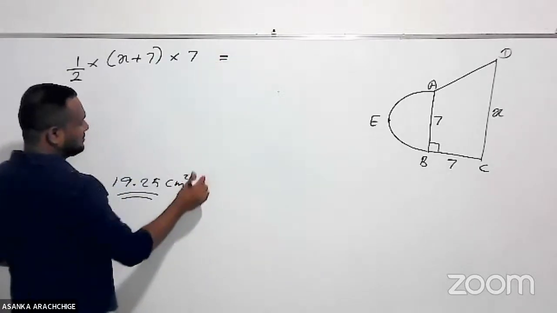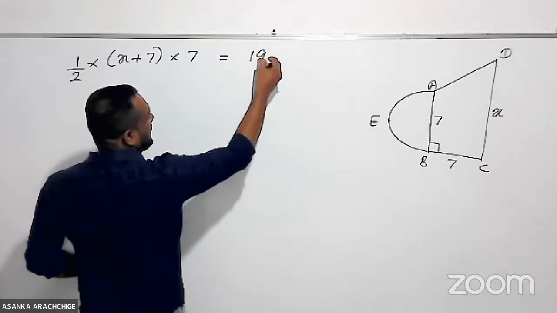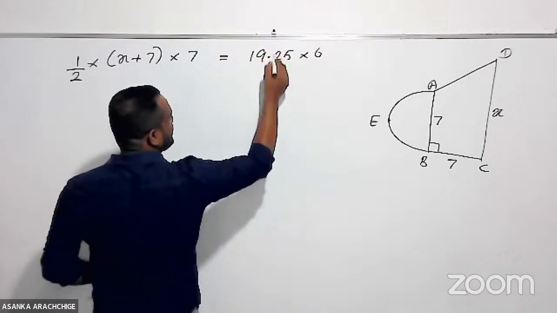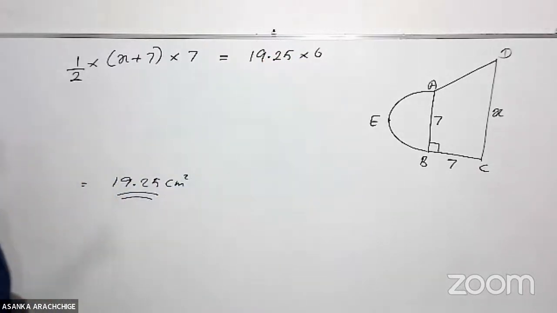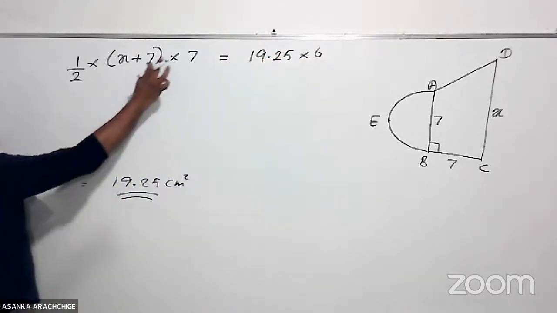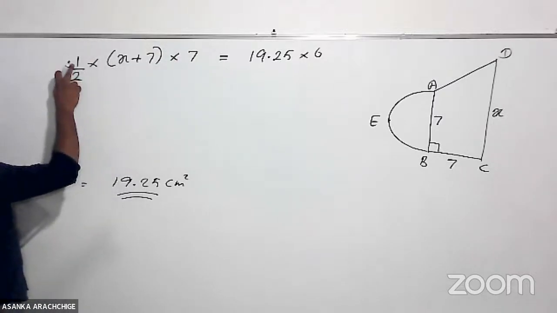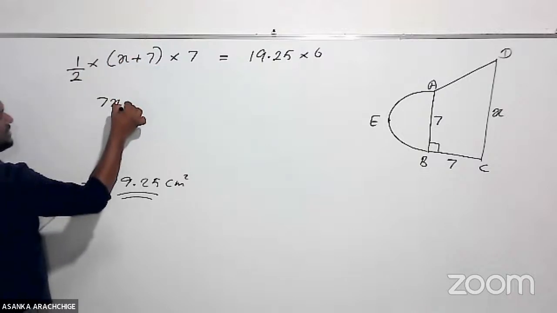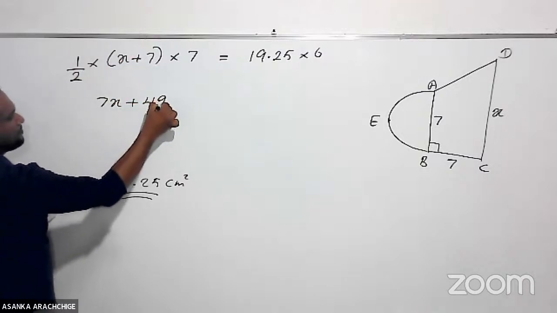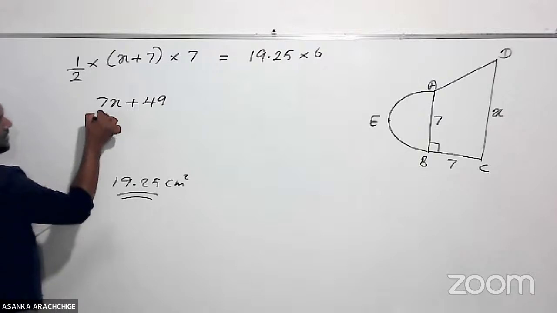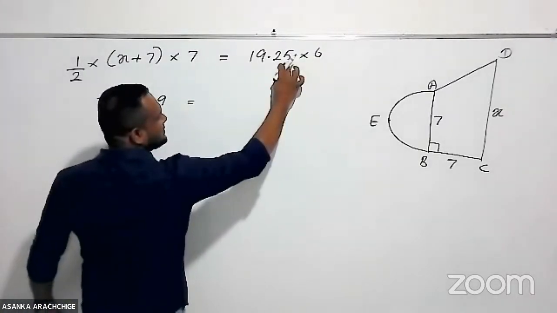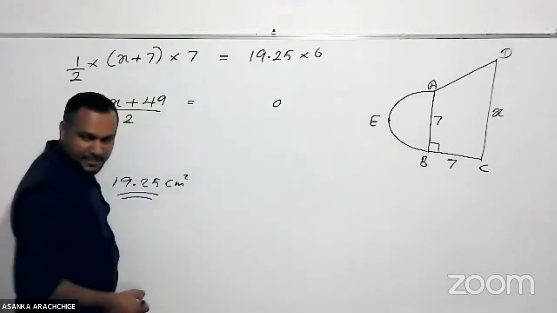This must be equal to 19.25 times 6. Is that clear? So 7 times 1, 7, 7 times x, 7x, 7 times 7, 49. Right? Upon 2 is equal to 6 times 5, 30.